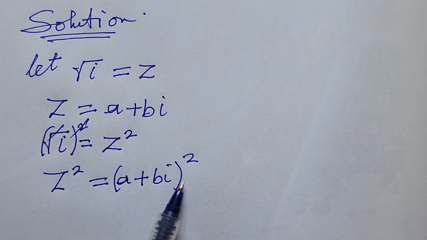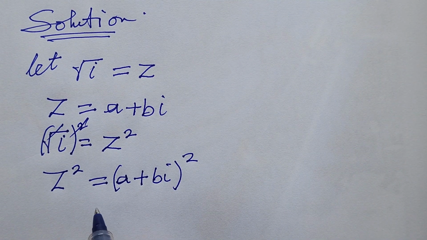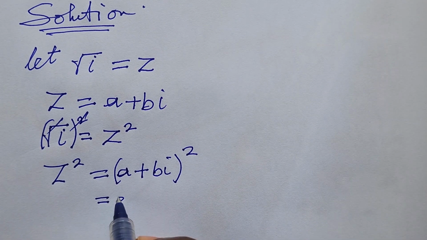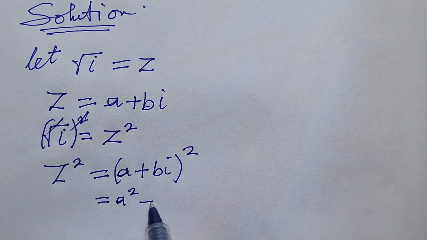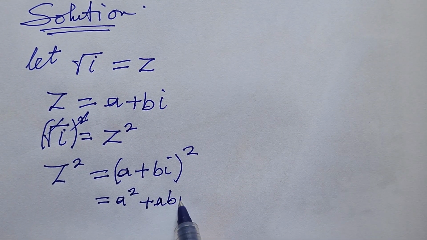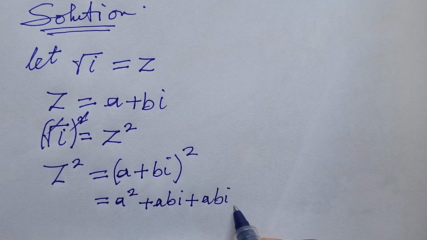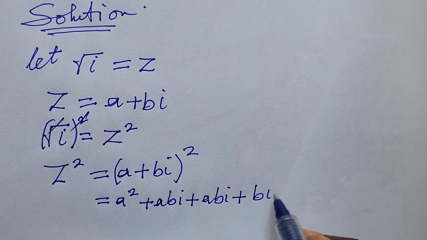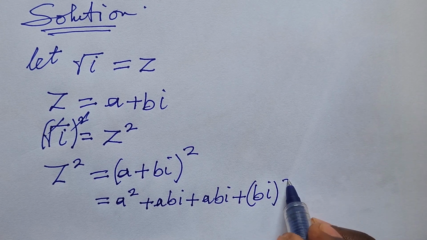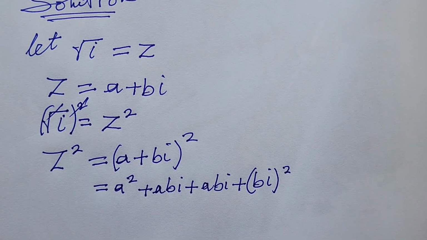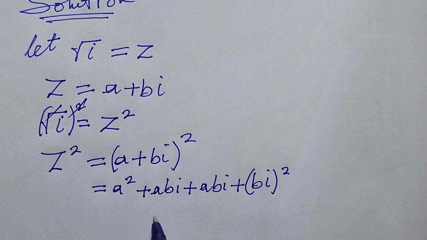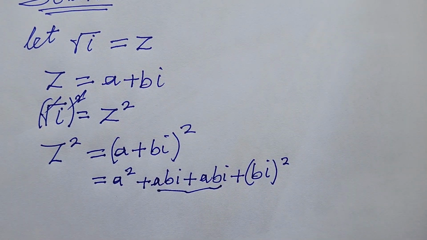So if we square this system here, it's going to give us a to the power of 2 plus abi plus abi plus bi to the power of 2. Okay, then we can add these two terms together here because they are the same.